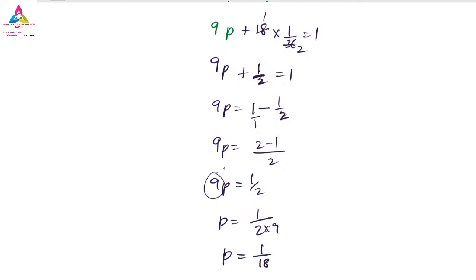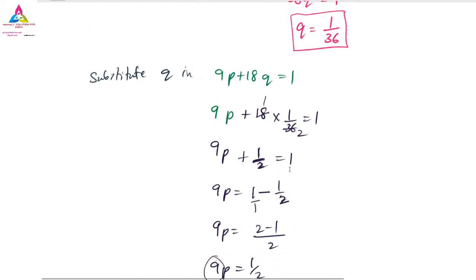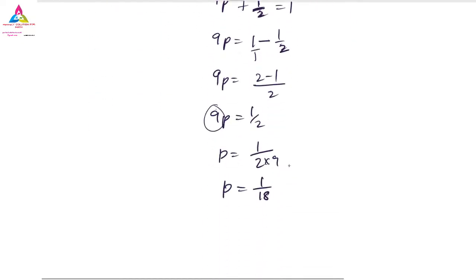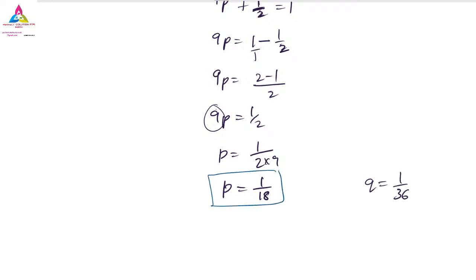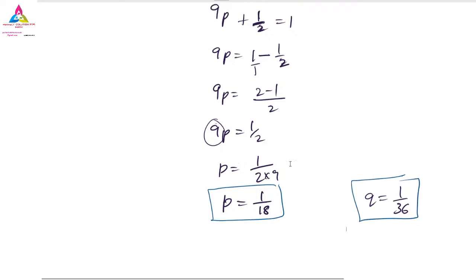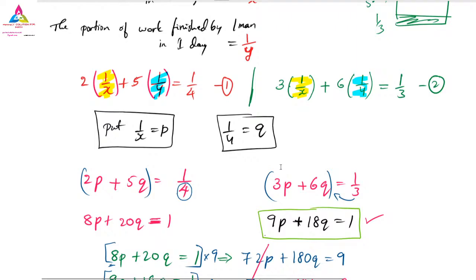So we found the p and q values. Remember that the q value is 1 by 36 and the p value is 1 by 18. According to that we have to find the x and y values. We had taken p equal to 1 by x and q equal to 1 by y.